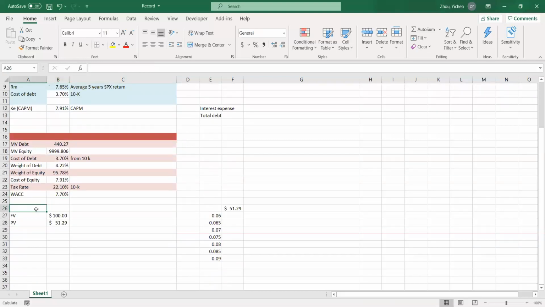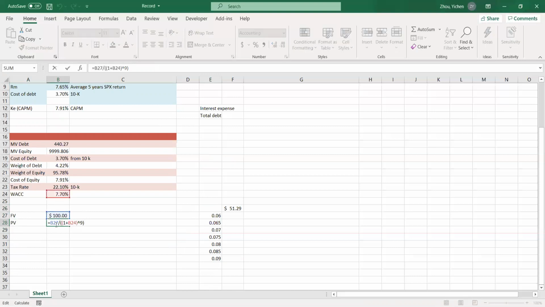So here I made an example about how to do a sensitivity analysis by using different WACC. Let's say we already computed the future value of the stock, which is $100, in the next 9 years, and then we want to discount the future value to the present value by using the WACC.